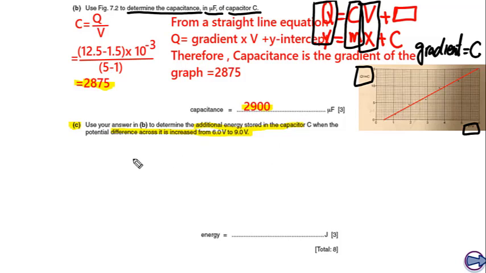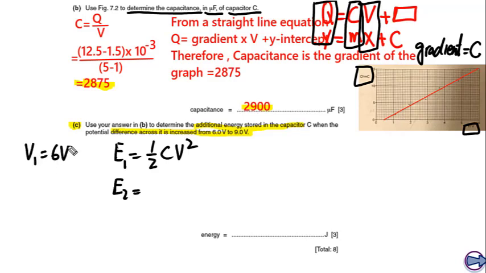We simply calculate that E is equal to 1/2 CV squared, as the potential difference is given, and C we have already calculated. Let's say this is energy E1, and here let's say is E2.